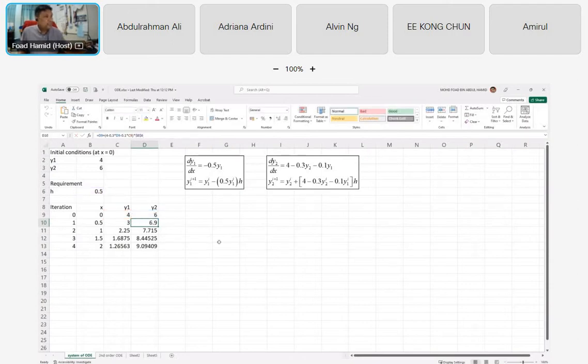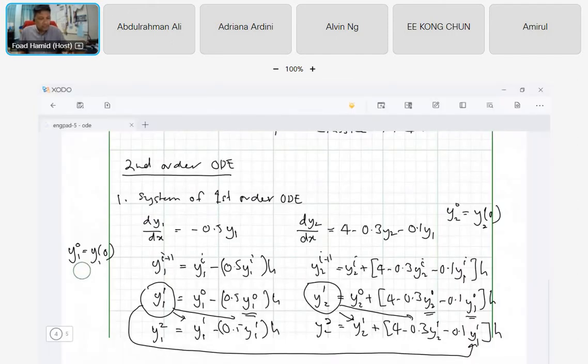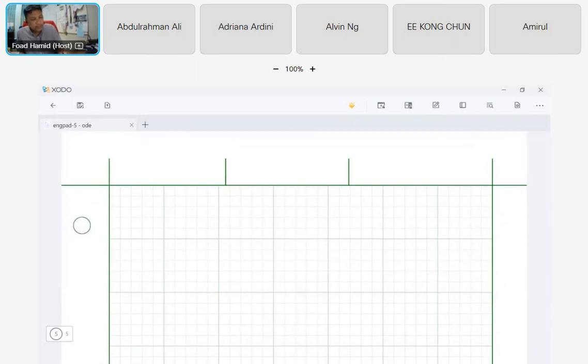Now, let's continue. There are two kinds of ODE here: the first one is a system of two first order ODEs, and the second one is, of course, one second order ODE.